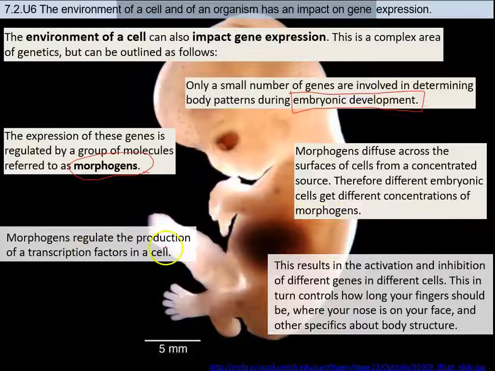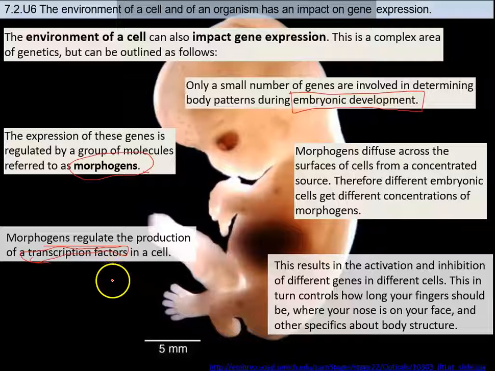So morphogens regulate the production of the transcription factors in the cell. How do they do that? By the concentration around the cell, they control or affect the transcription factors. Transcription factors are important for protein translation.